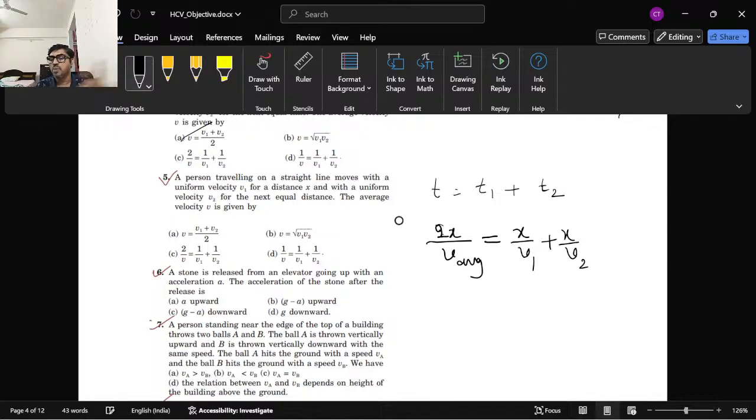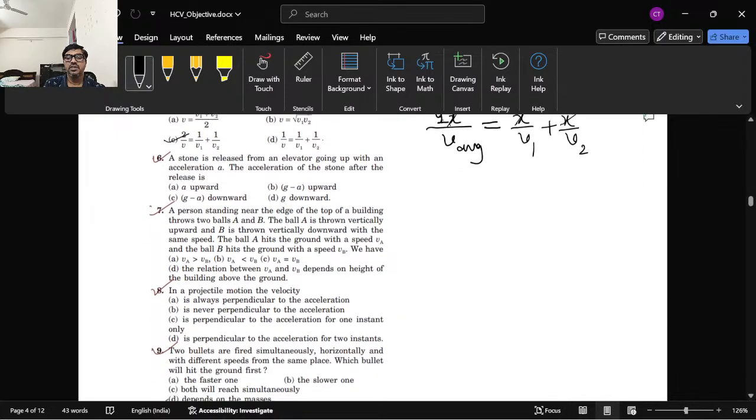If you go with a common velocity, the average velocity, for the entire journey 2x, it gives the same time. You see that x gets cancelled everywhere, and you will get 2 by V average equal to 1 by v1 plus 1 by v2. Option C is the answer.